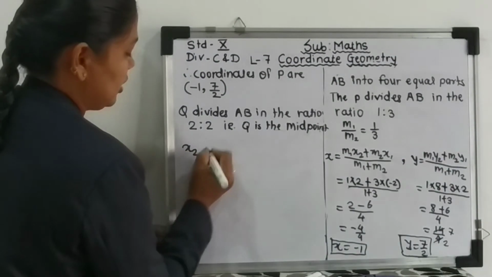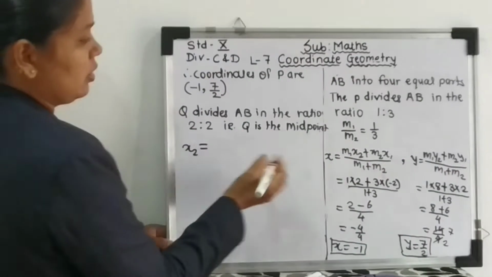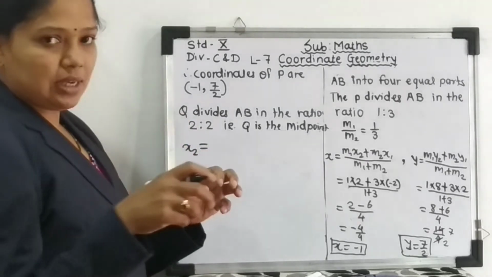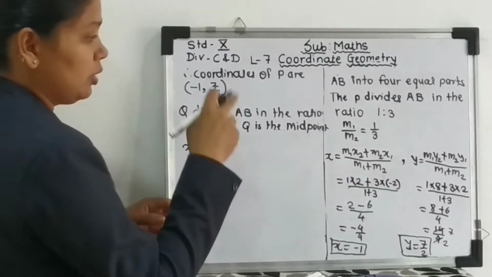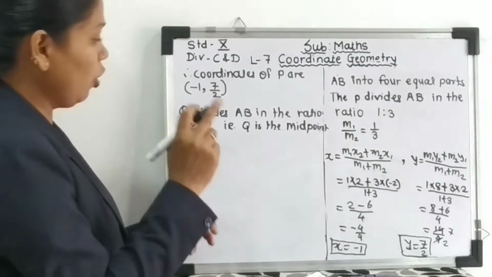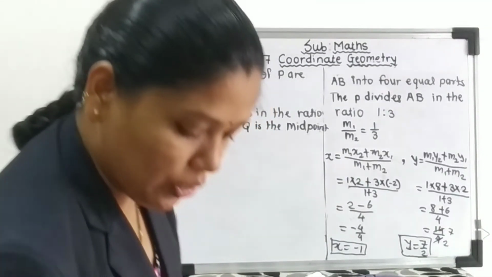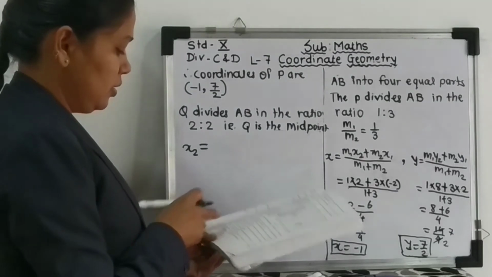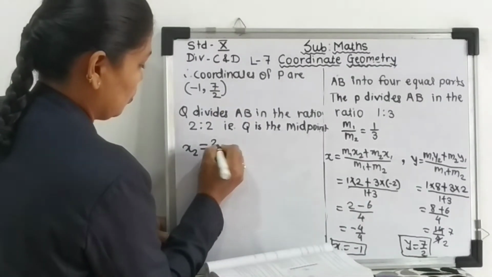So here x2 will be r. See what? Directly use it. x2 plus x1 means the B point, the B coordinate, so that B coordinate we are going to use. So what is that B coordinate over here? It is 2, right?